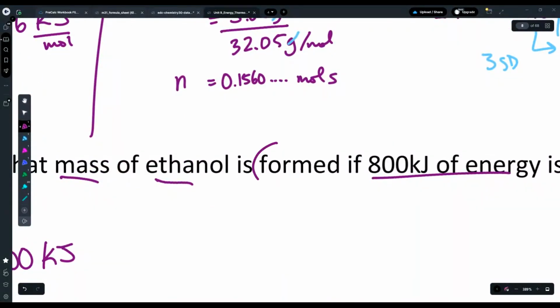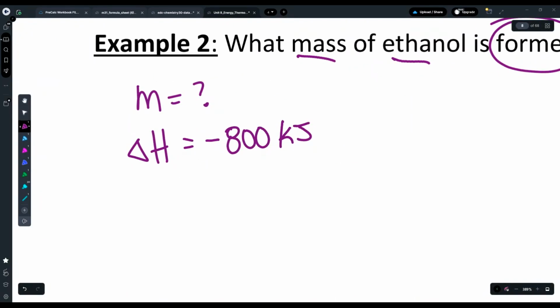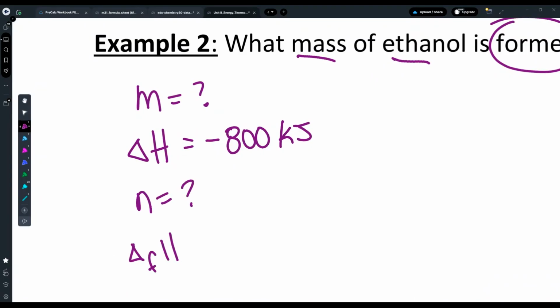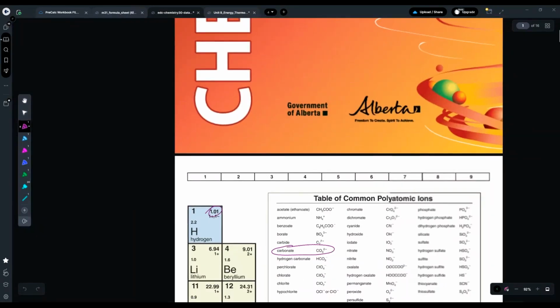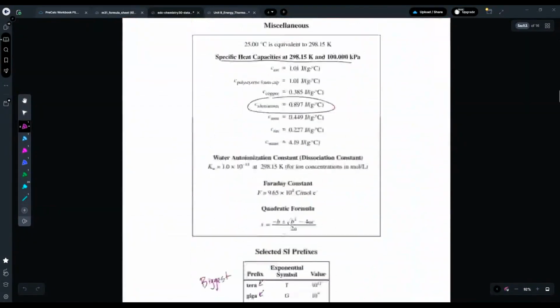Here's another key word. Ethanol is being formed, so we would want the molar enthalpy of formation. And we can get that information from our data booklet, pages 4 and 5. So moles, no clue. Molar enthalpy of formation, let's look that up.